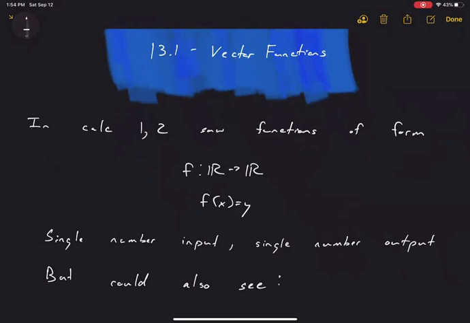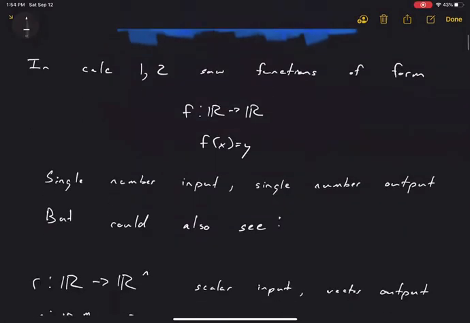So again, to reiterate what's going on, in Calc 1 and 2, we saw functions of this form, right? We saw functions of a single variable. What does that mean? It means our input was a number and our output was a number. So that's what this notation means. When you see notation like this, this is the domain, or the inputs, and this would be the codomain, or maybe you're more familiar with the term range.